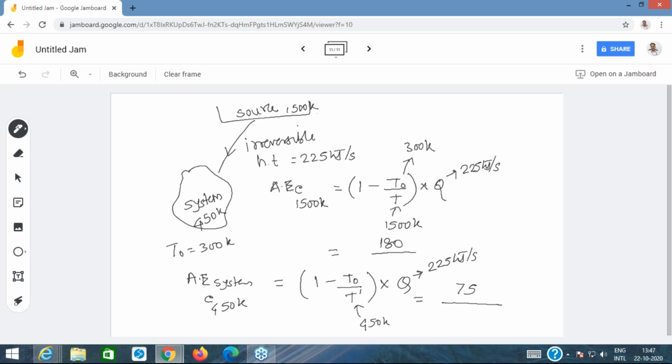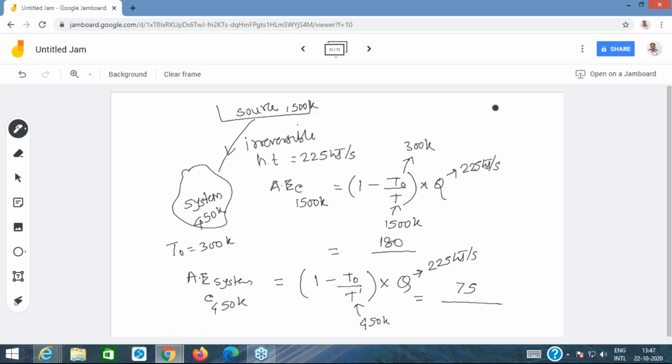Suppose you are required to find the entropy change. What is the entropy change of the source and what is the entropy change of the system? So calculate the entropy change of the source and entropy change of the system. What would be the entropy change of the source?